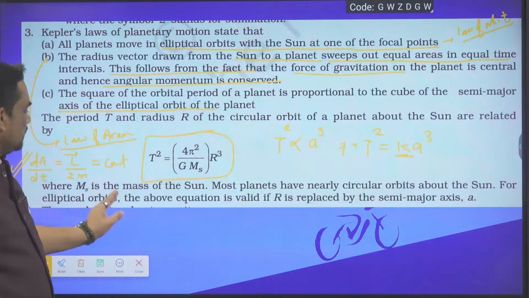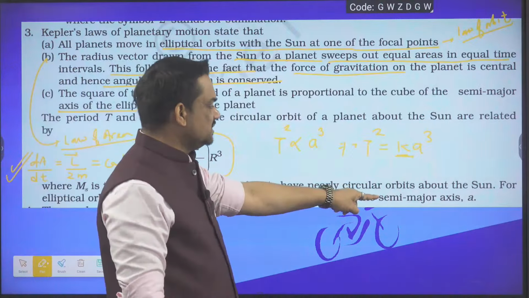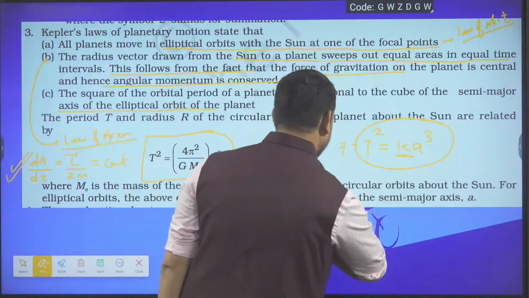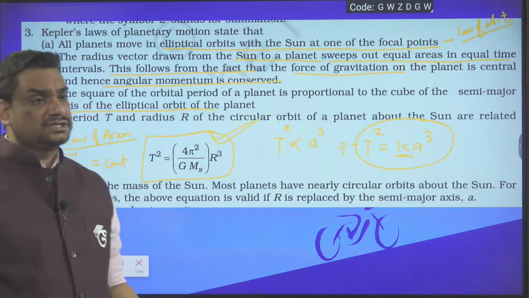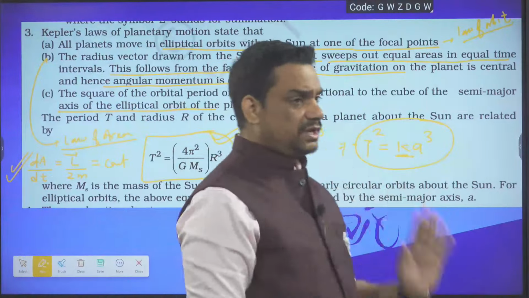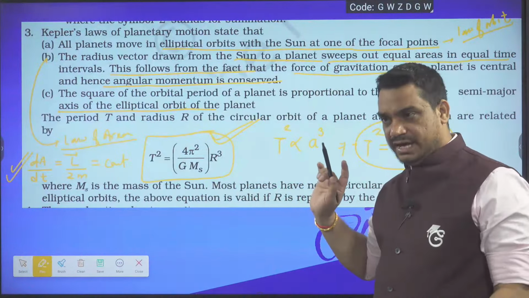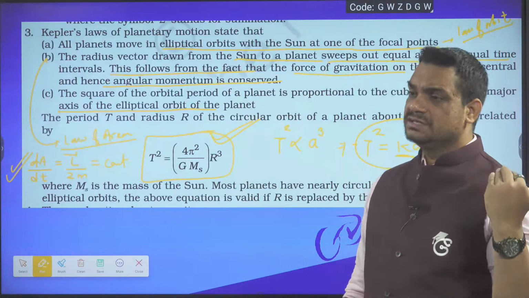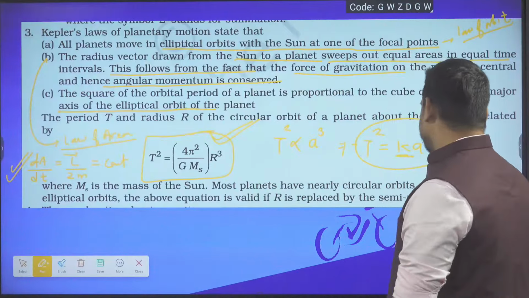For elliptical orbits, the above equation is valid if r is replaced by the semi-major axis A. Why is A replaced by r? Because most of the planets have circular orbits. But if it is an elliptical orbit, we can take the semi-major axis A here.